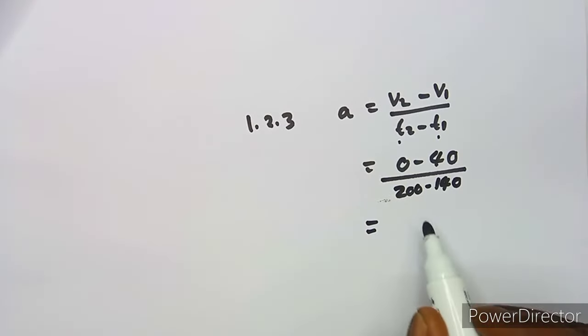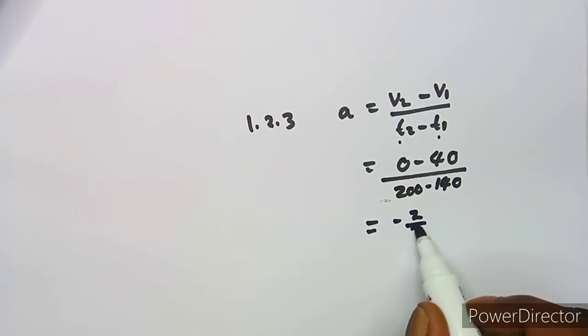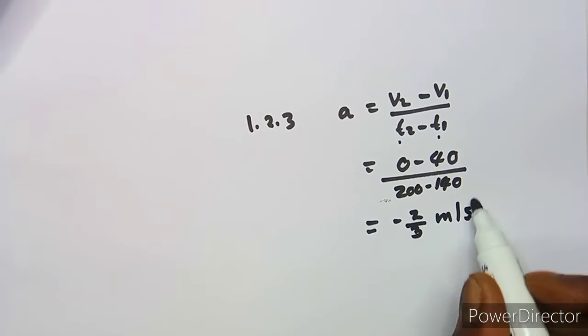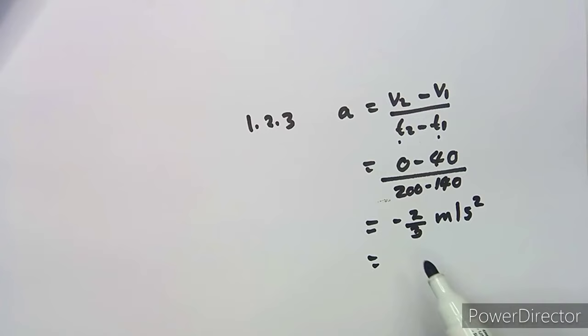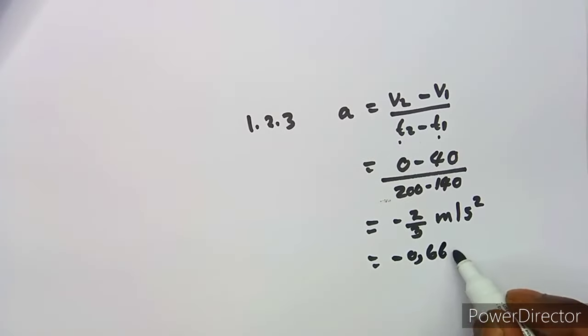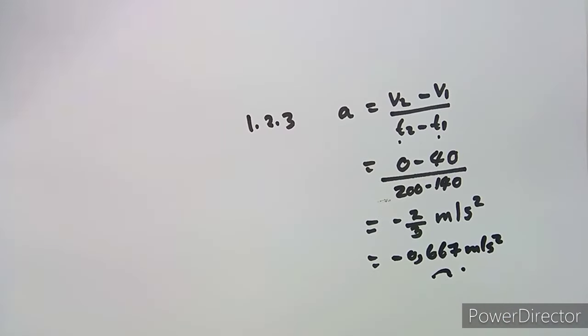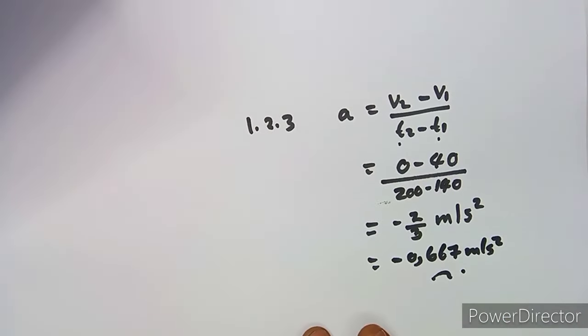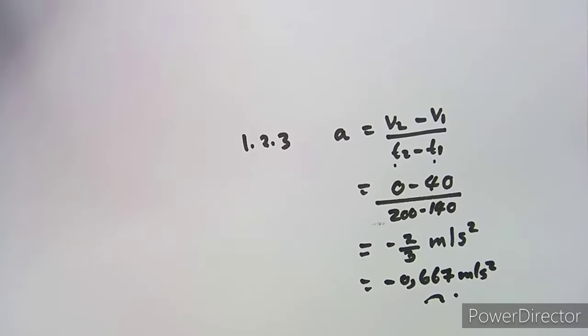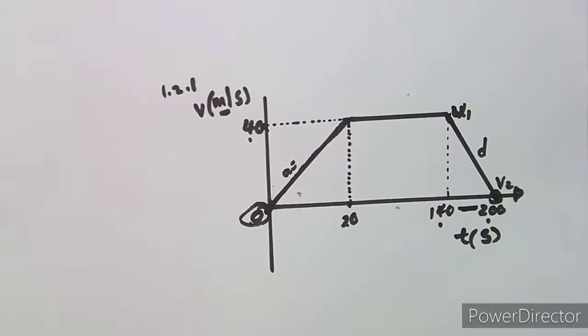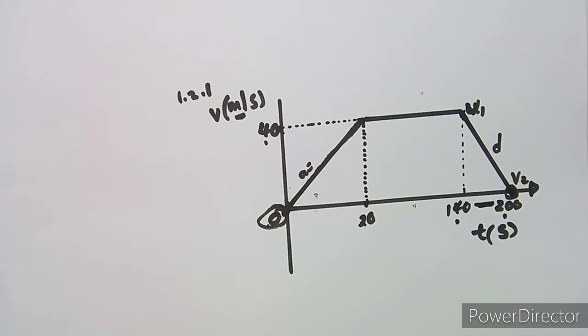So this is going to give us a negative 2 over 3, which is measured in meters per square second, or as a decimal, that will be negative 0.6667 meters per square second. So that's it, guys, for your deceleration. I mean, that's why you see it's having a negative. It's a deceleration. It's a negative value.